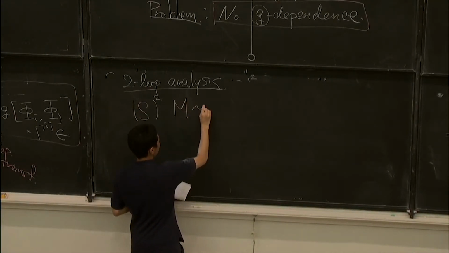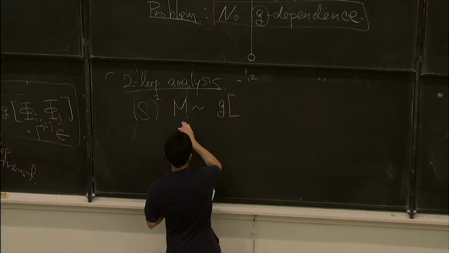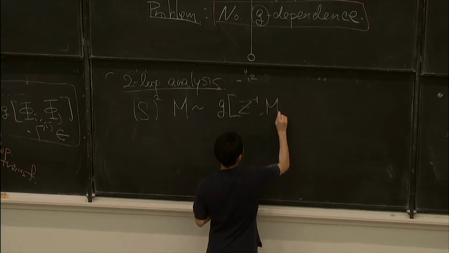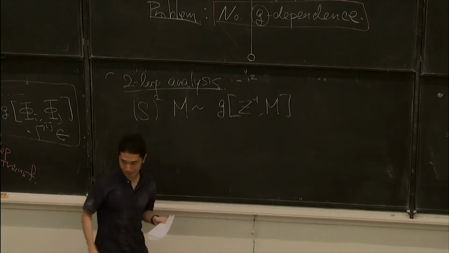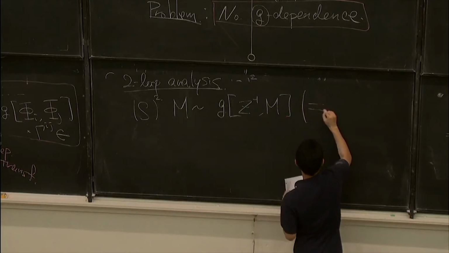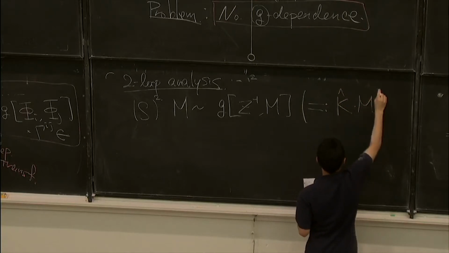And if you do the two-loop analysis, you conclude that S square acting on M now gives you something similar, but now with Z inverse. So this actually reduces the size of the spin chain. And I'm going to denote it as K acting on M.